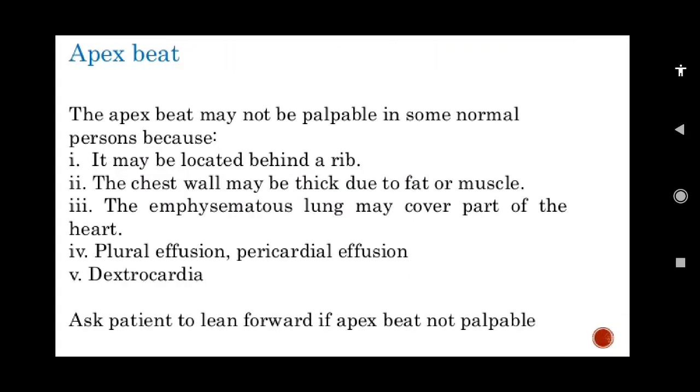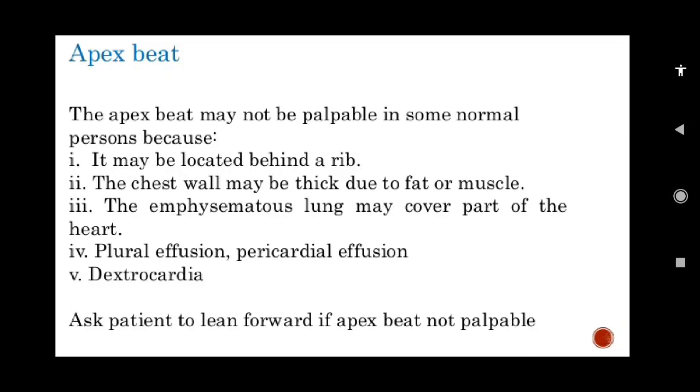It may not be palpable in some normal persons because it may be located behind a rib, and the chest wall may be thick due to fat or muscle. An emphysematous lung may cover part of the heart, and there may be pleural effusion, pericardial effusion, and dextrocardia. So these 5 points are very very important.